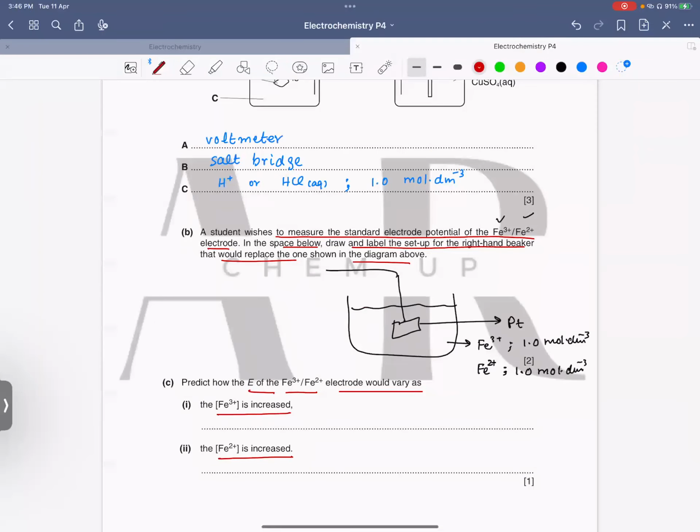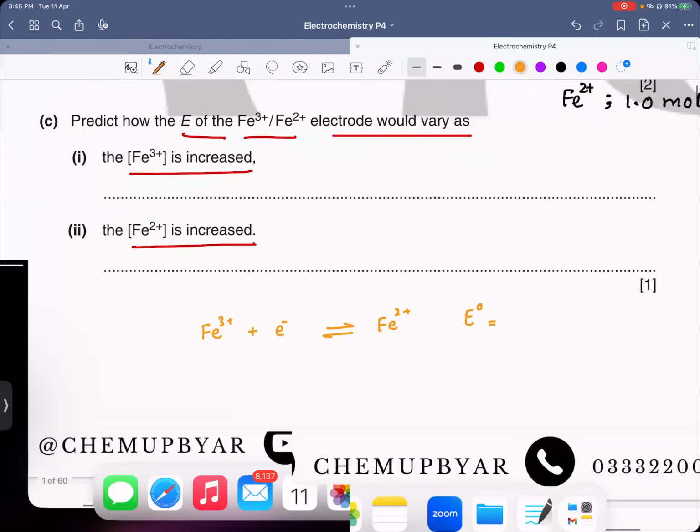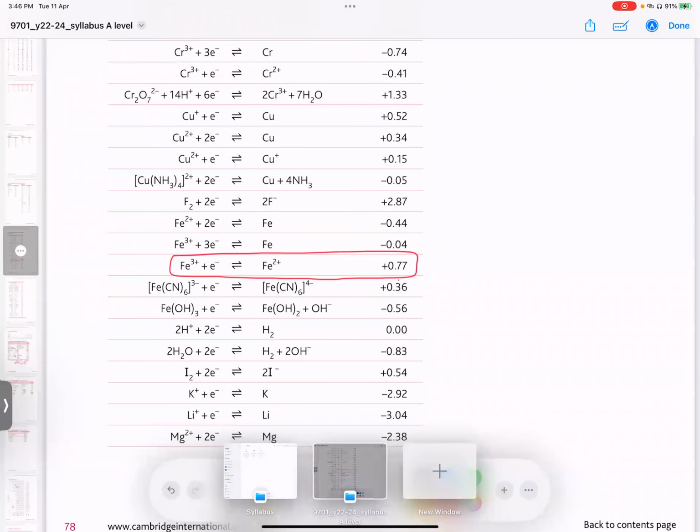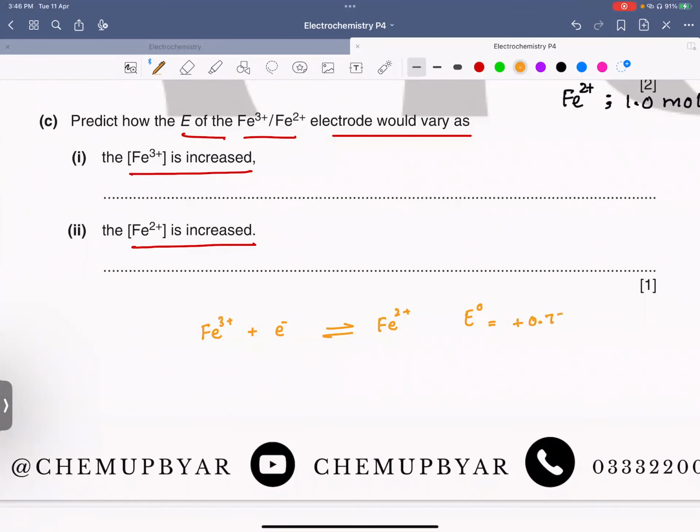If you look at the equation, we have Fe3+ ions gaining an electron, forming Fe2+ ions, and the E naught value, which means the electrode potential under standard conditions, is positive 0.77. Now if I increase the concentration of Fe3+, what would happen to the equilibrium?